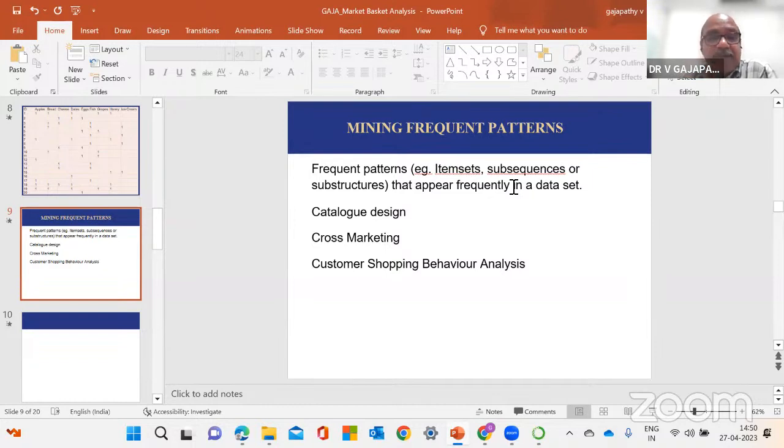See, there is one case study in Amazon. They give a price catalog, for example, and if I include a particular item under a particular heading and change the category, sales increase. Say, for example, I'm searching for books.